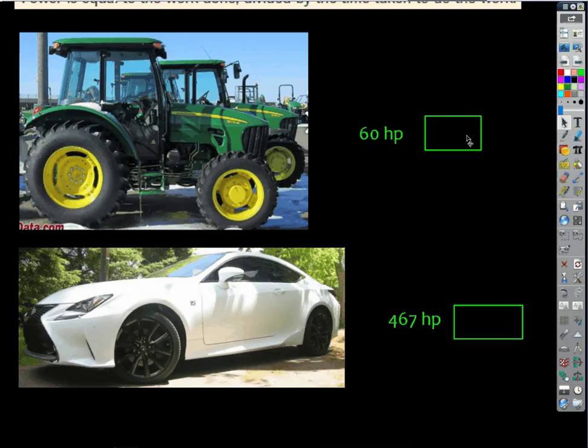180. 60. Okay. So power is not necessarily what some people confuse it for. When you're working with a tractor, what are you trying to do? Well, you're just trying to provide lots of force, but not necessarily at very high speed, right?